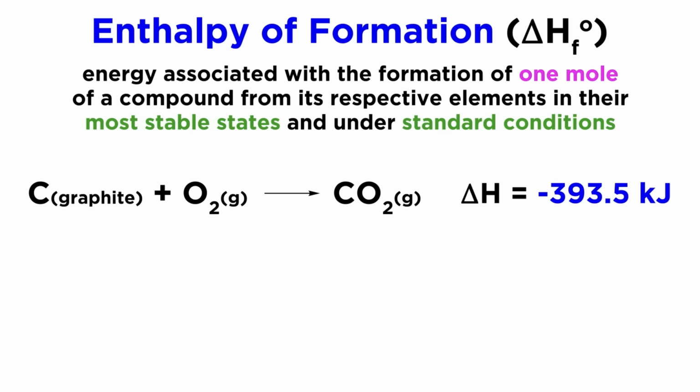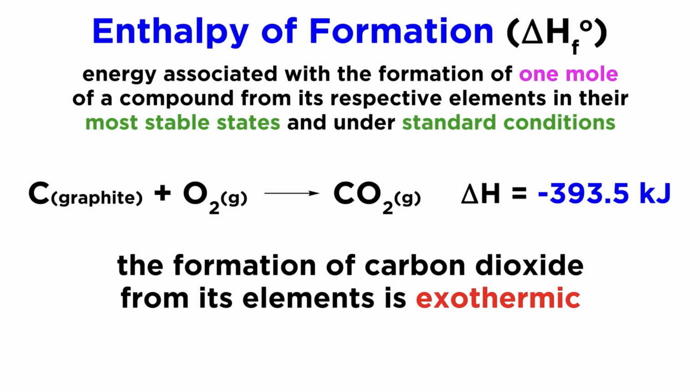If this reaction were to occur with the quantities and conditions specified, the change in enthalpy associated with it would be negative 393.5 kilojoules. This is exothermic, meaning the formation of carbon dioxide from its elements is energetically favorable.